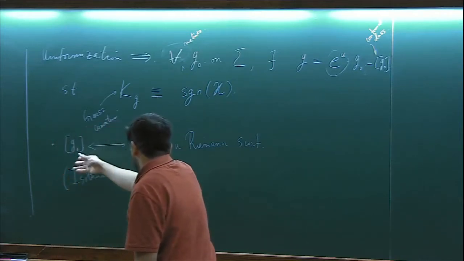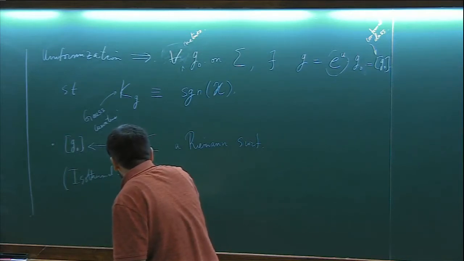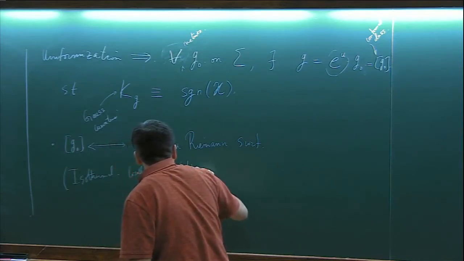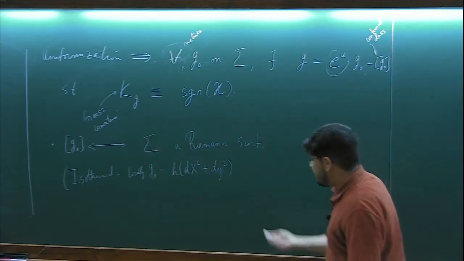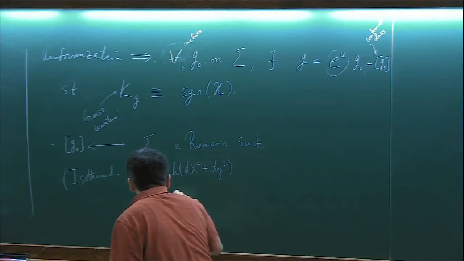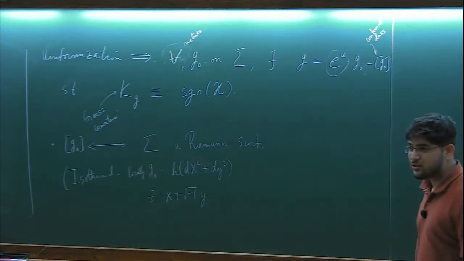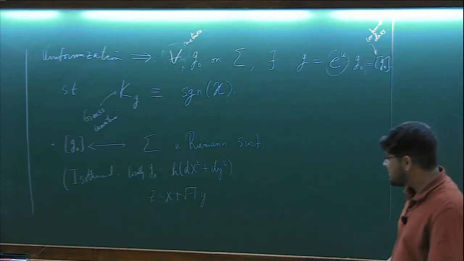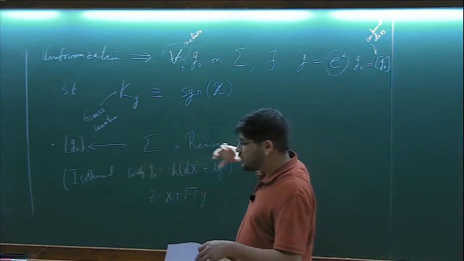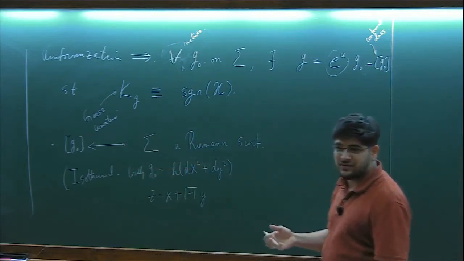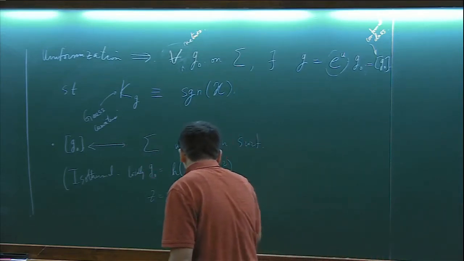So you can choose a special set of coordinates so that locally g naught can be written as h times (dx squared plus dy squared). Okay, and then z equals x plus square root of minus 1 y becomes a holomorphic coordinate on that local patch, and then you can check that if you vary your local patch, the corresponding transition functions will be holomorphic, right? So this defines a complex structure.